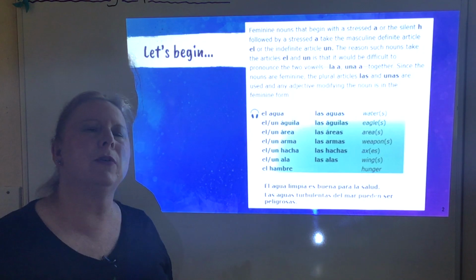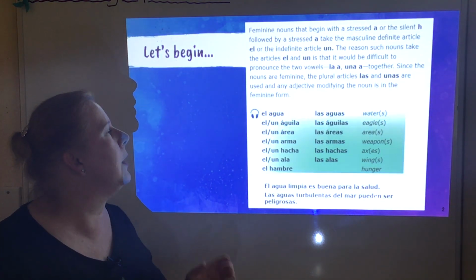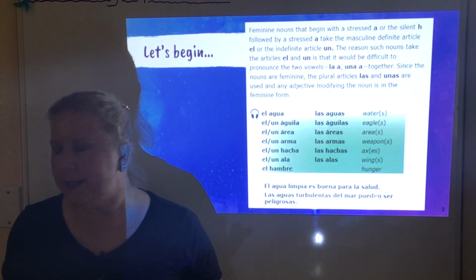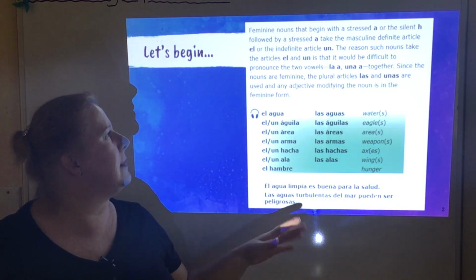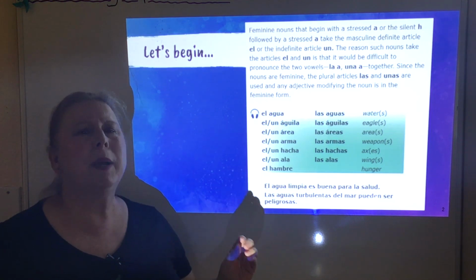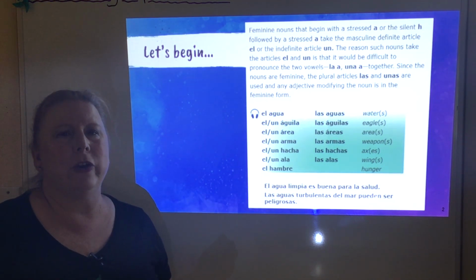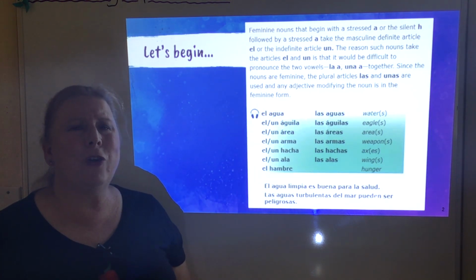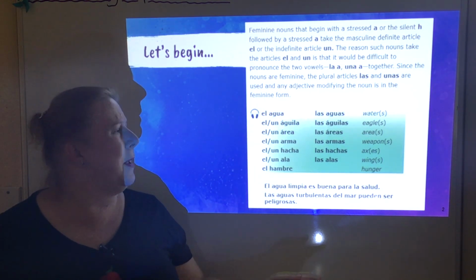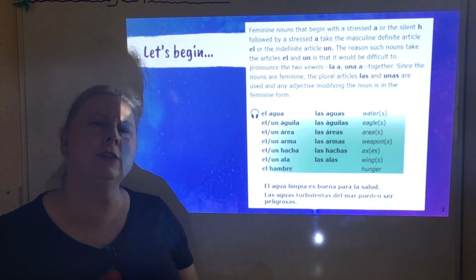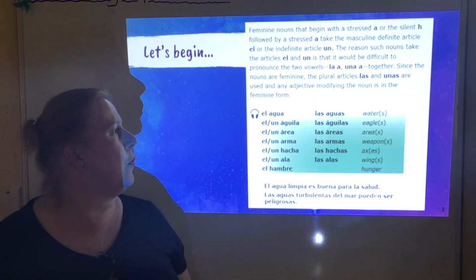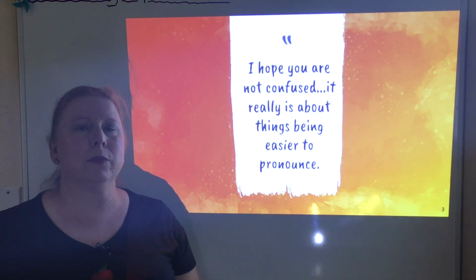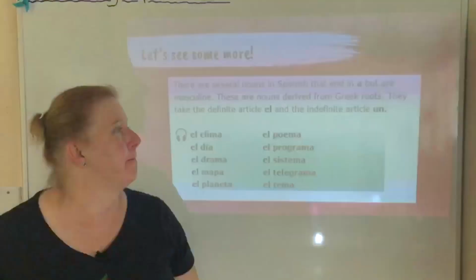So there's an example so you can see how it works. So again, just know it's for pronunciation purposes that we have these changes. And that's what makes these irregular. Because like I said before, masculine over here in the singular form, but then plural returns to its feminine form in the plural. So I hope you're not confused. It really is about pronunciation.